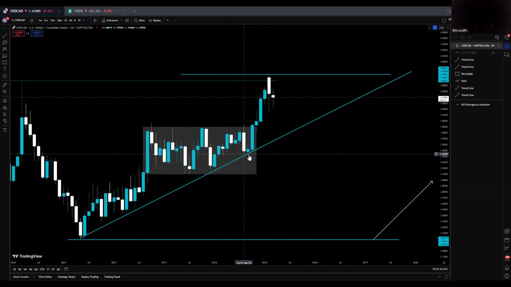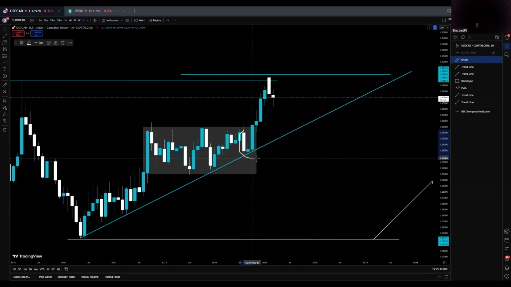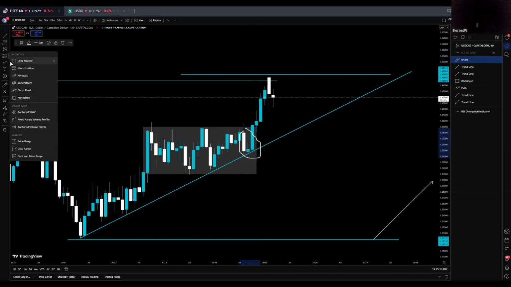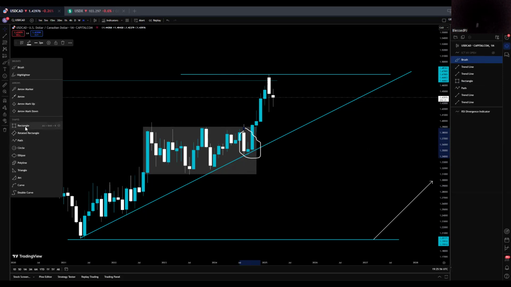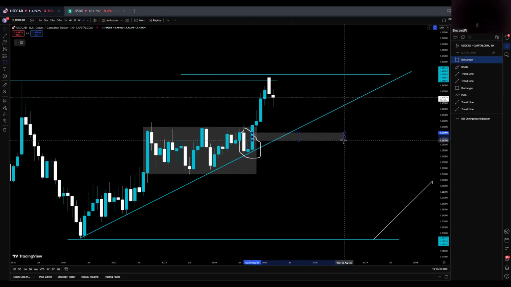Now, if you notice, this candle did not close exactly on this reversal pattern. It did not take out liquidity. There's what we would call an imbalance or a fair value gap right here that will be mitigated in the future.